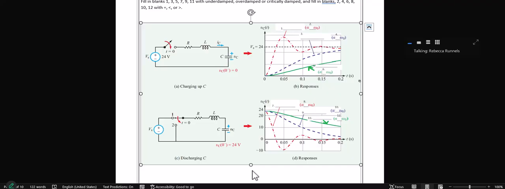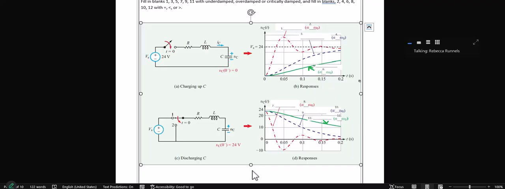Now, overdamped means that you are squashing it too quickly. It's going to be below the critically damped in the charging situation, so it's not getting to the asymptotic value as quickly. In the discharging, it's going to be above the critically damped.